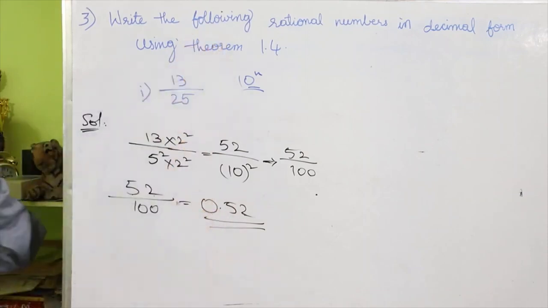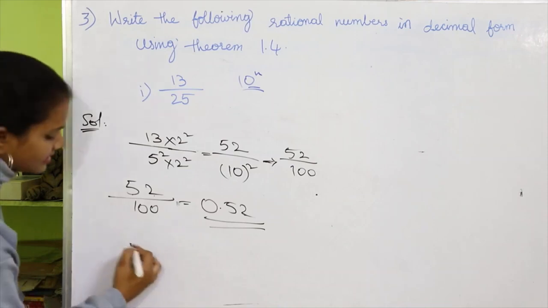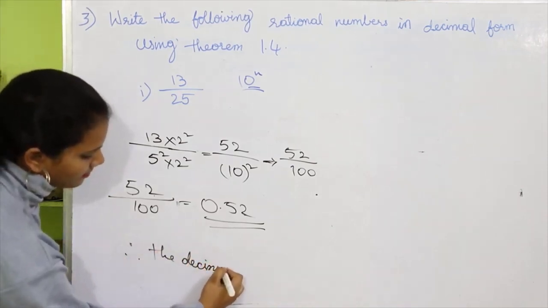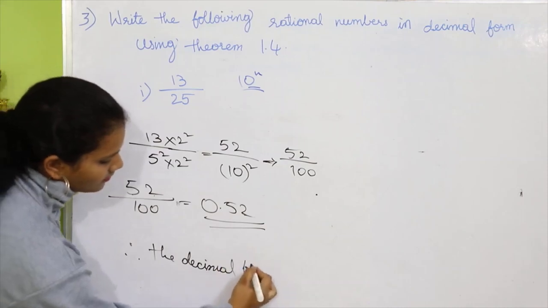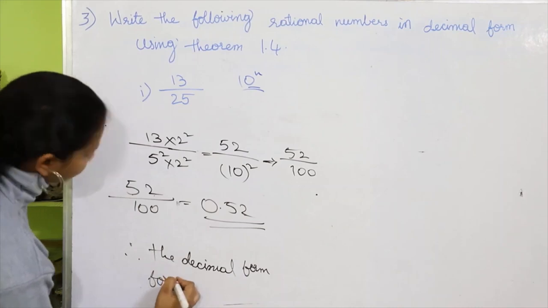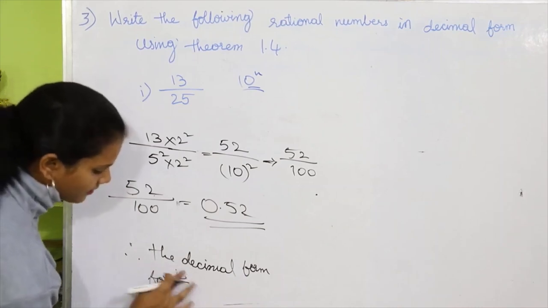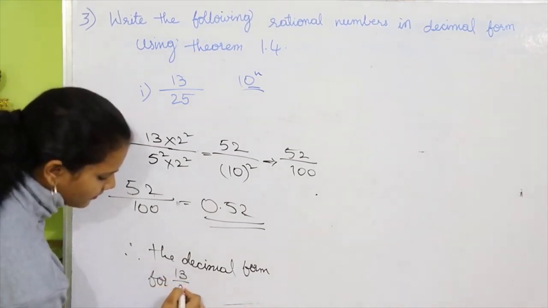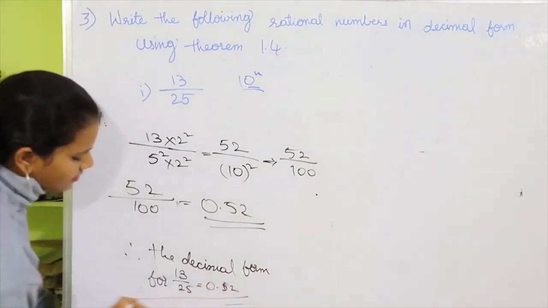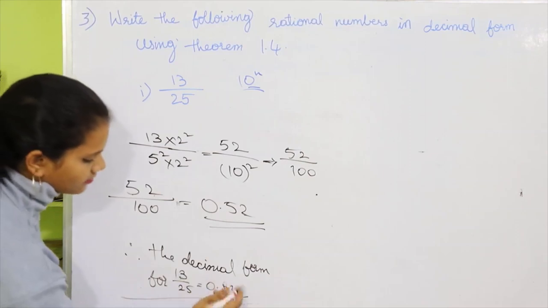So therefore, should I conclude like this? Therefore, the decimal form for 13 by 25 equal to 0.52.